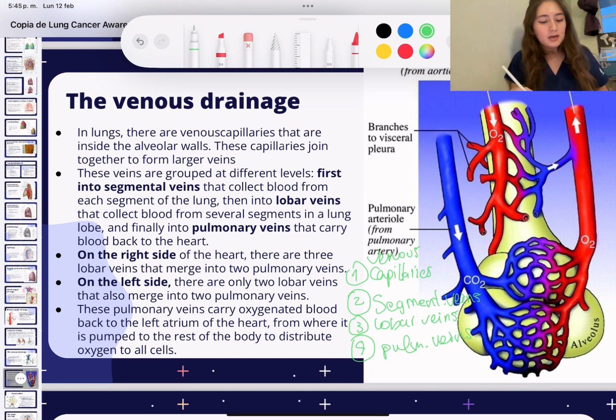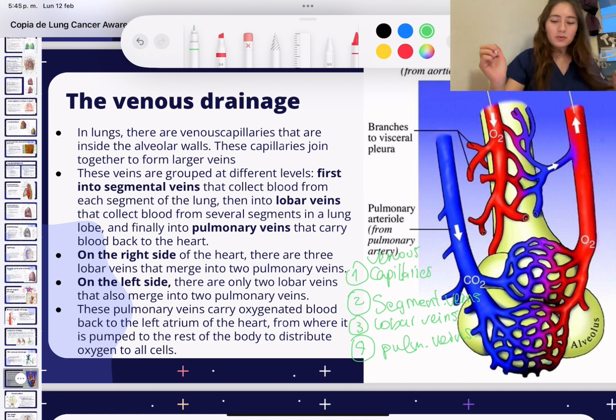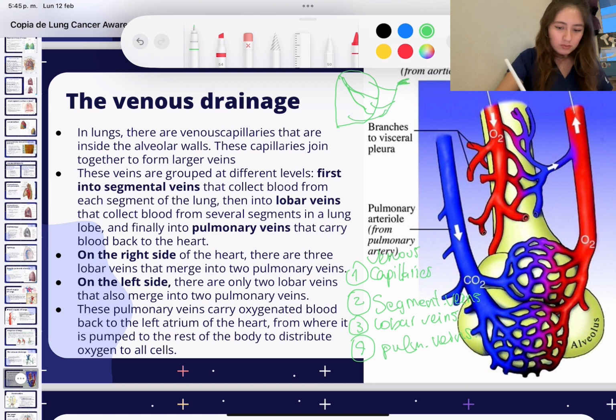On the right side of the heart, there are 3 lobar veins that merge into 2 pulmonary veins. And in the left side, there are only 2 lobar veins that also merge into 2 pulmonary veins. So in the right side, because we have 3 lobes, we have 1, 2, and 3 lobar veins that then become just 2.